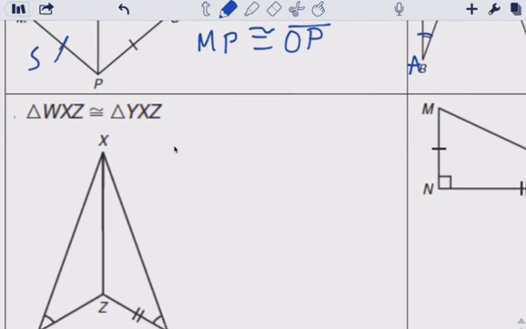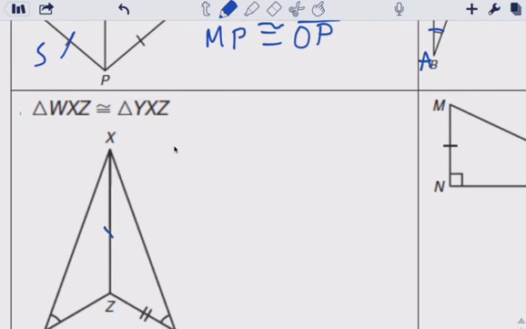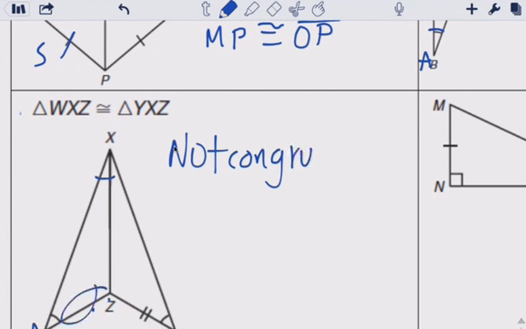Okay, this one here, are these congruent? So this is an angle, nothing here, we can't go there, and nothing here and here, we can't go there. So this is not congruent because there's not enough information. Not congruent because you can't have empty here and here, both, and only have one here.